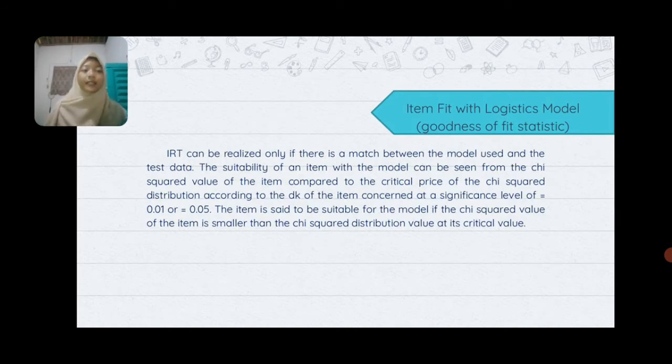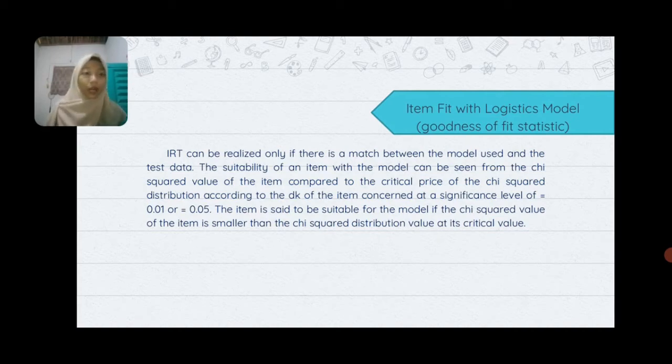And then the next aspect is item fit with the logistic model, or goodness of fit statistic. IRT can be used only if there is a match between the model used and the test data.